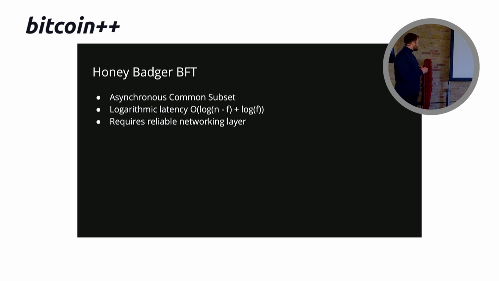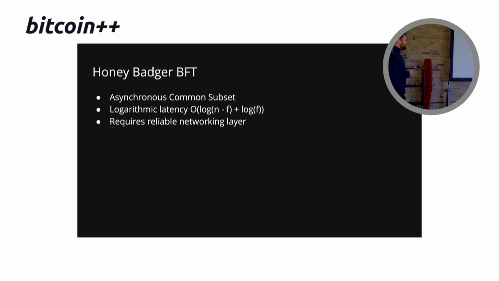This system had a latency that was logarithmic in the number of peers, and it had one more issue. You see here in the equation that f is the number of faulty peers. As soon as f is non-zero, you have an immediate latency jump.